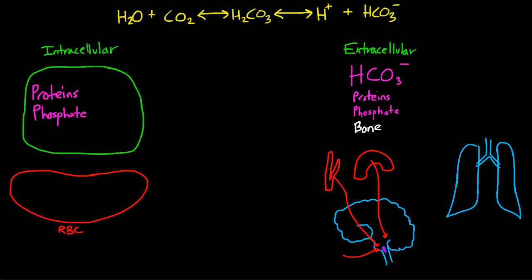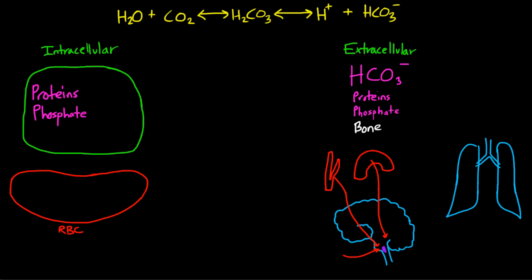The two main ones we're going to talk about here are the addition of hydrogen ion and the addition of CO2. In those instances, a buffer is going to absorb that insult so that it doesn't affect the pH. Remember, our body really wants to stay within that normal range of pH. So here are two mechanisms for how we buffer these two types of insults.